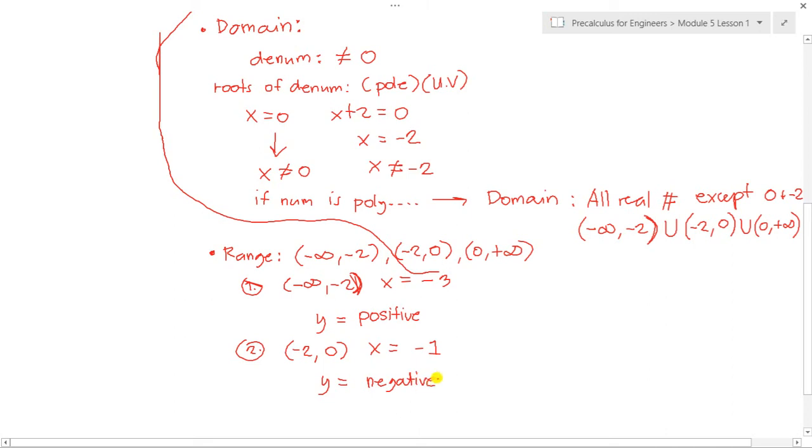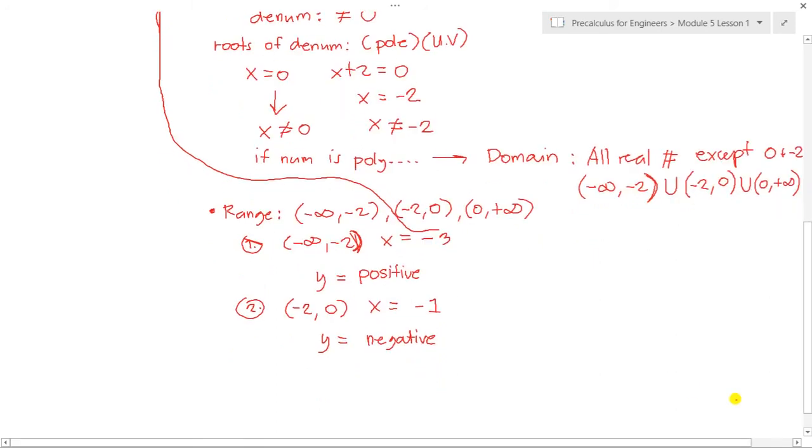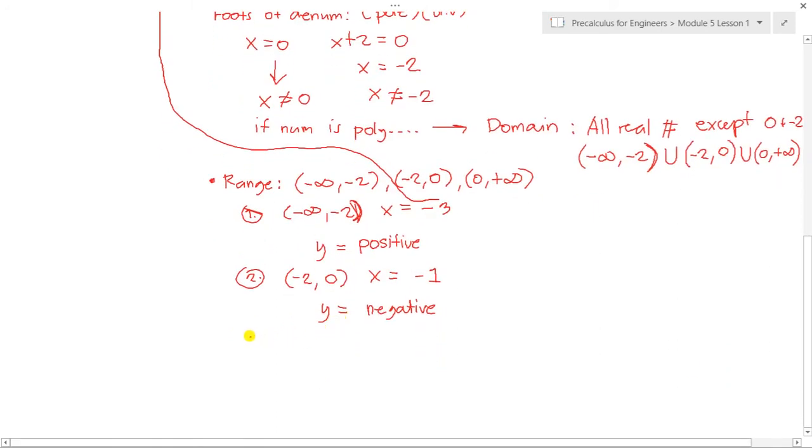Class, nasunod na? Okay. How about the last interval? Let's say we have 0 to positive infinity. So you can assign x equal to 10.